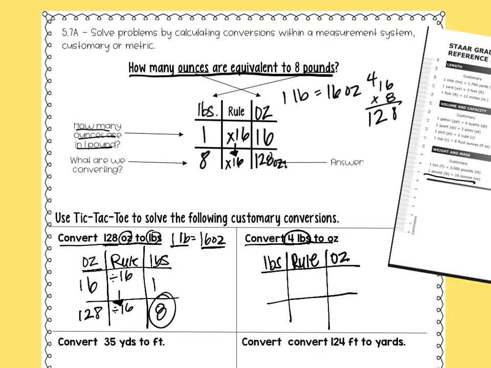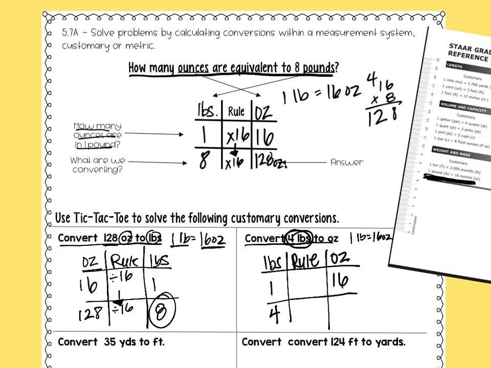And this is the same as last time. 1 pound equals 16 ounces. I'm going to write that to the side. I'm going to put 1 underneath my pounds and 16 underneath my ounces. And if I have 4 pounds, pounds will go under pounds.